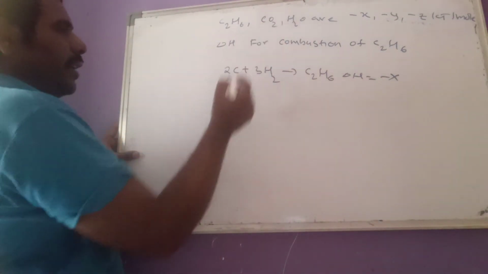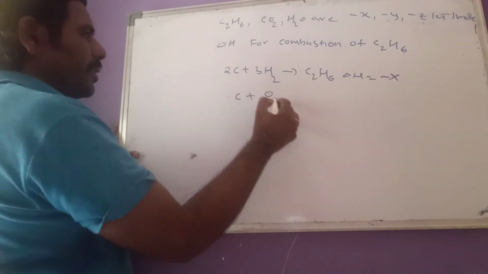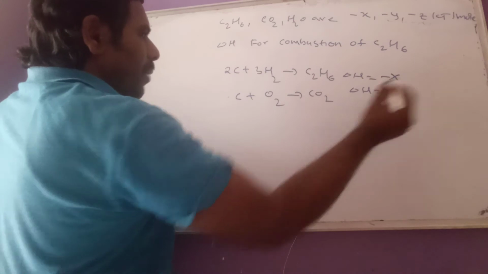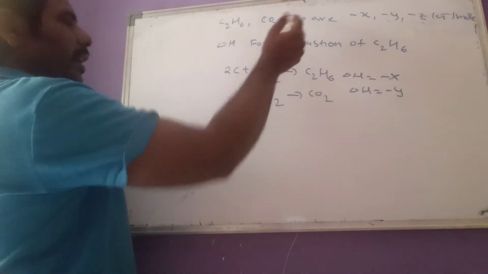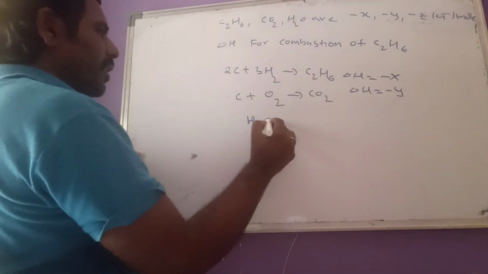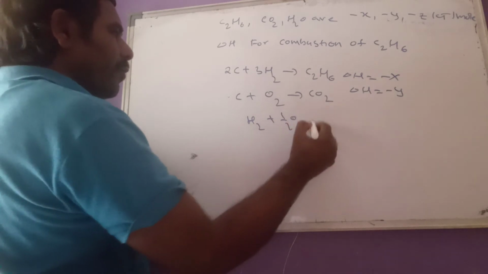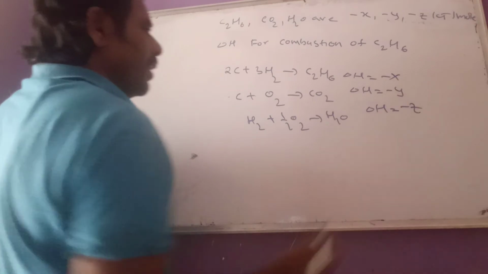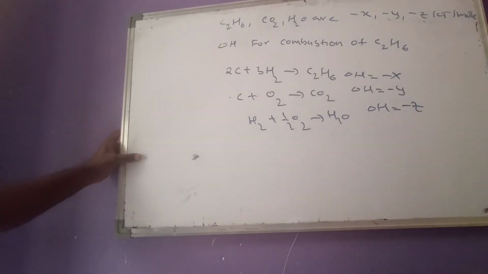For CO2: C plus O2 gives CO2, delta H minus Y kilojoule. For water: H2 plus half O2 gives H2O, delta H minus Z. So these are the given equations.